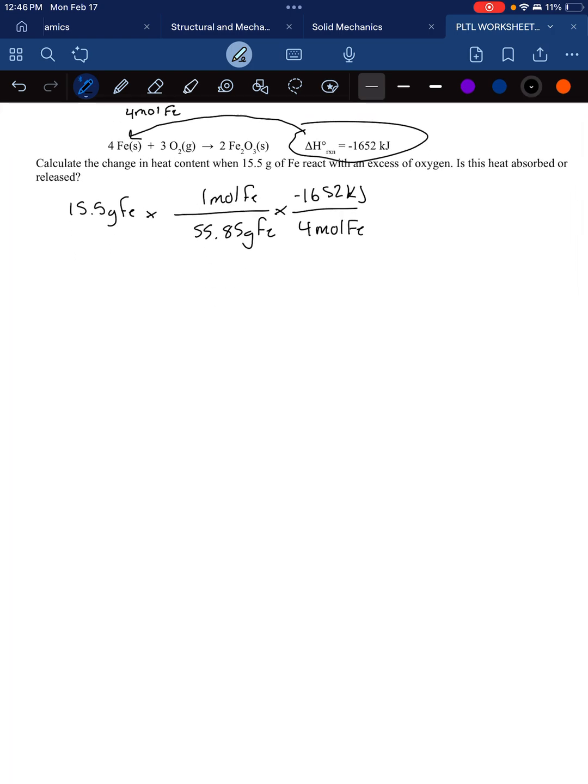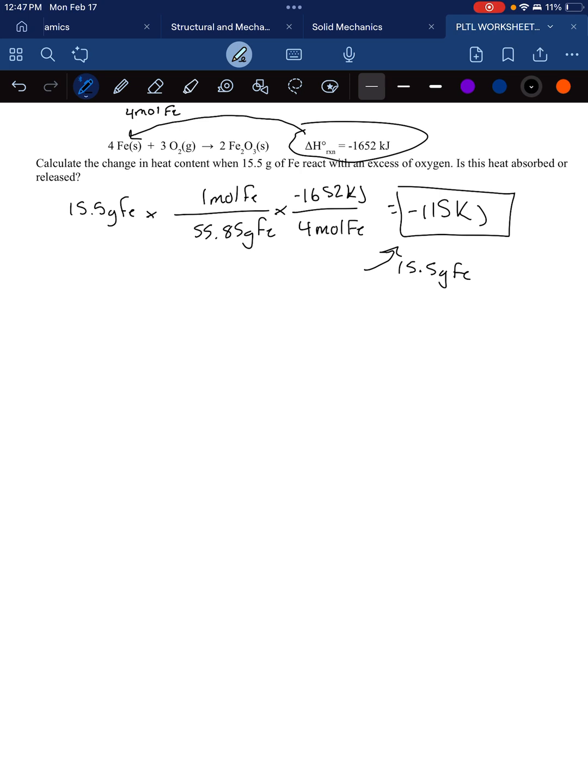Because when we have 15.5 grams of Fe, and we know this is per 4 moles of Fe, if we get to moles, then we can use that relationship of 4 moles of Fe to our enthalpy of reaction to cancel out moles and get us in units of kilojoules. And this will give us the enthalpy of reaction for 15.5 grams of Fe specifically.